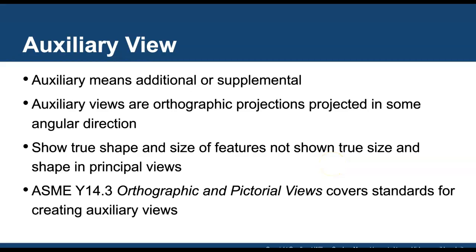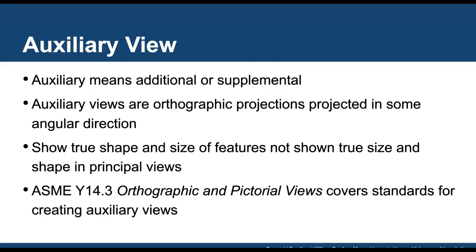Well, the idea of an auxiliary view means additional or supplemental. These are ways for orthographic projections to project in some angular direction. And again, if you haven't noticed by now, we like to try to find true size and shape of features.